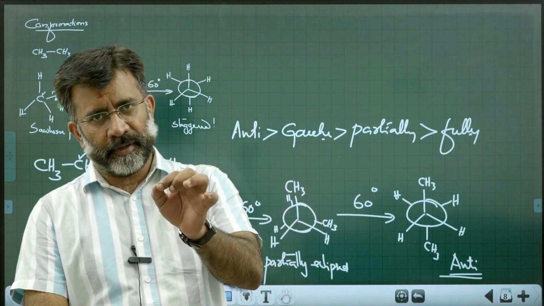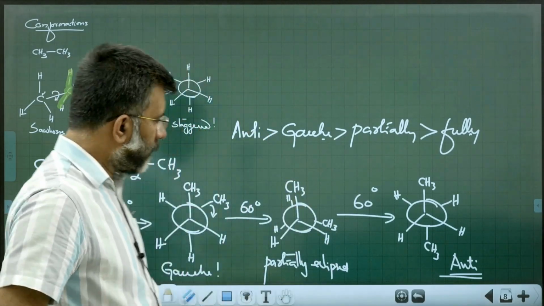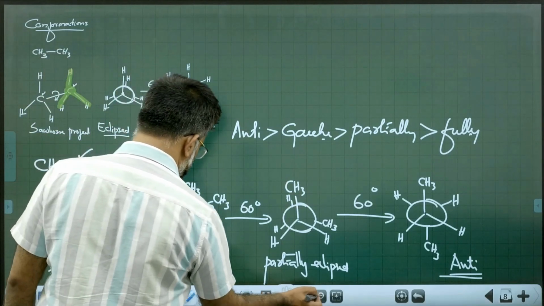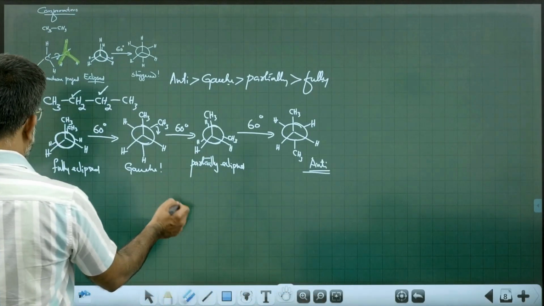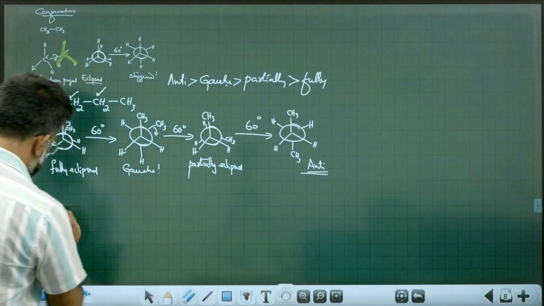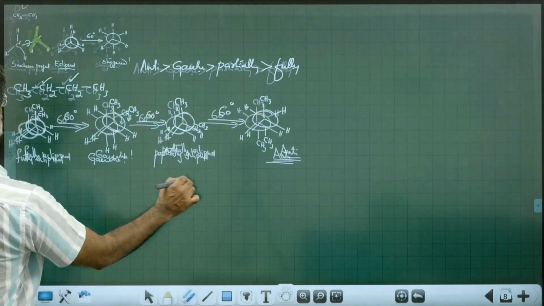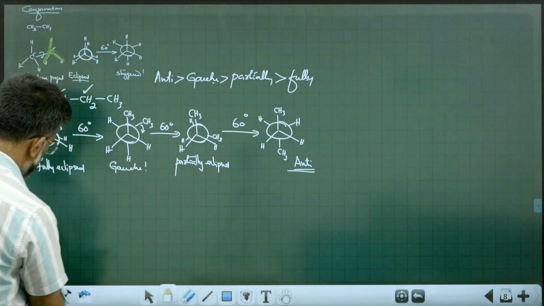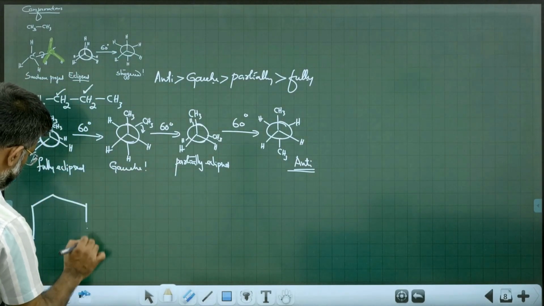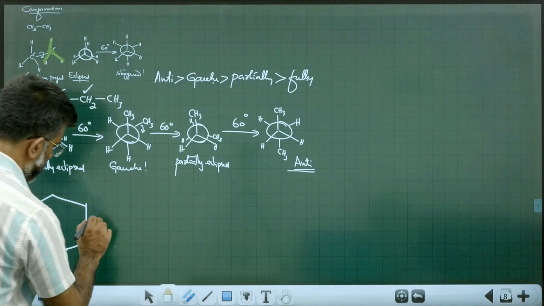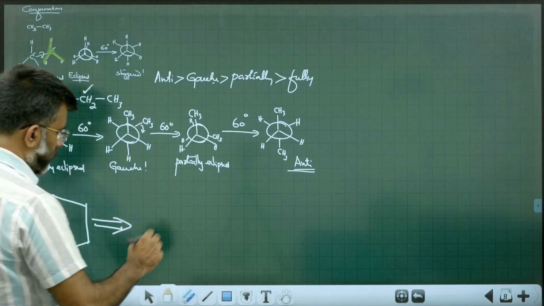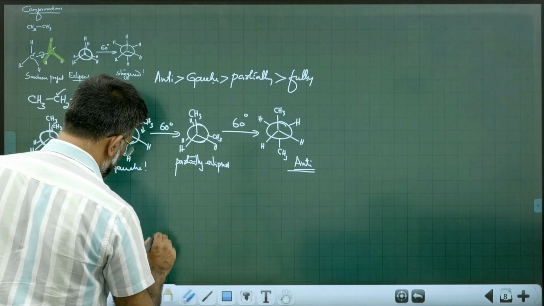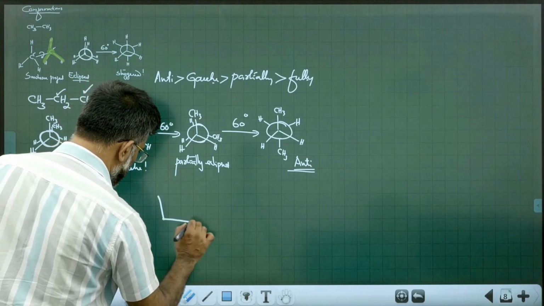Similarly, conformations of cyclohexane. Better to have an idea regarding conformations of cyclohexane. Cyclohexane we draw like this. Actually, it is a puckered ring type structure having different possible extreme conformations. One conformation seems to be like this.